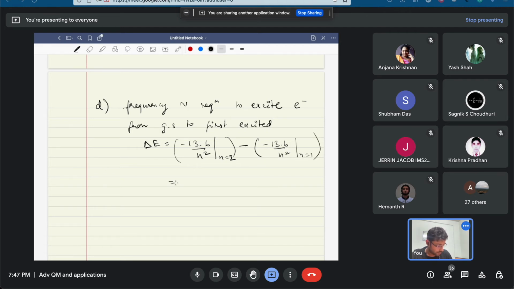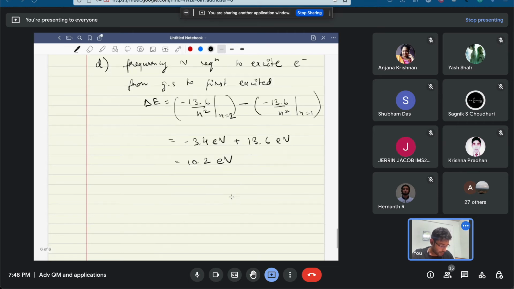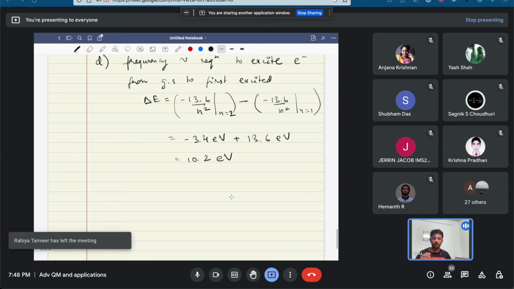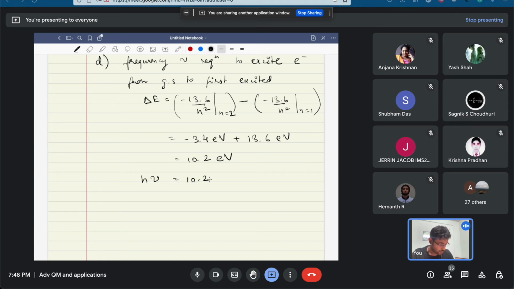We have already obtained this: minus 3.4 eV, and plus 13.6 eV, and this essentially gives us 10.2 eV. Now this is the energy of the laser that you need to excite from the ground state to the first excited state. So the frequency is given by h nu equal to 10.2 eV.